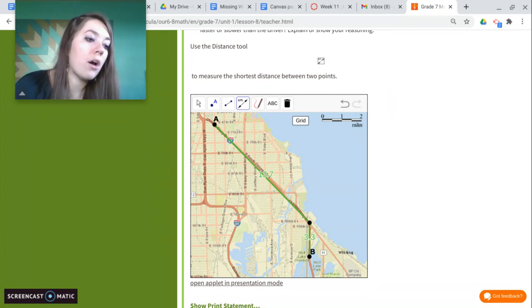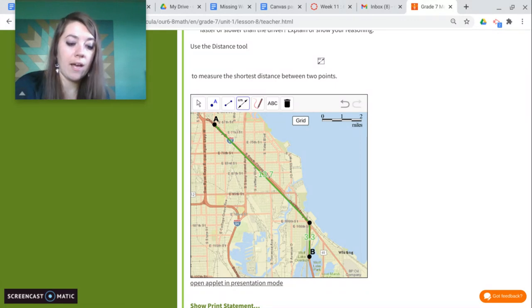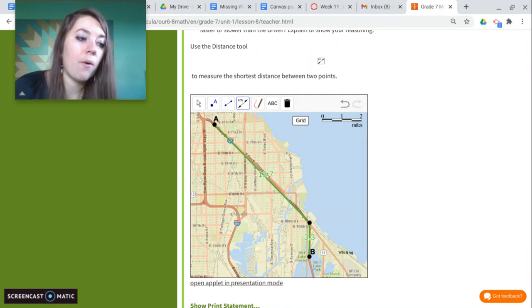So we know the number of miles she went, and if we take the 4.5 miles and divide that by 55, so 4.5 divided by 55 equals 0.08. So we end up with 0.08 for the number of miles in a minute.